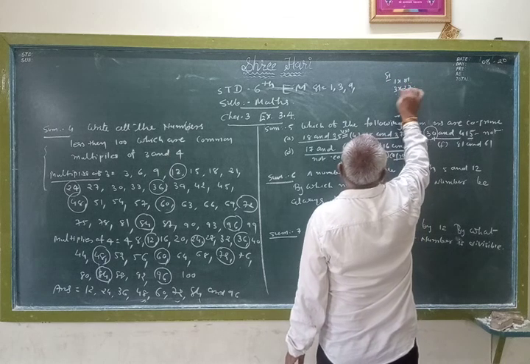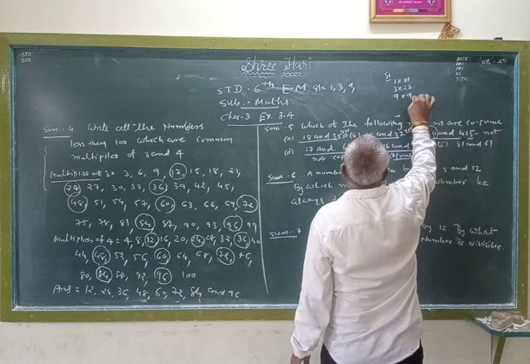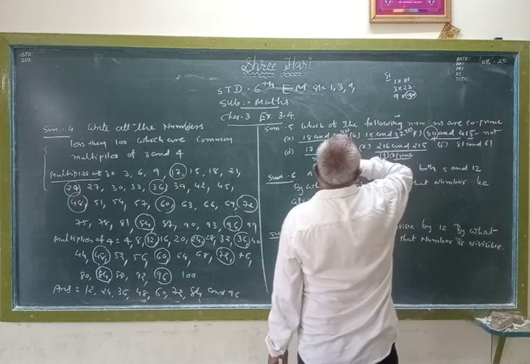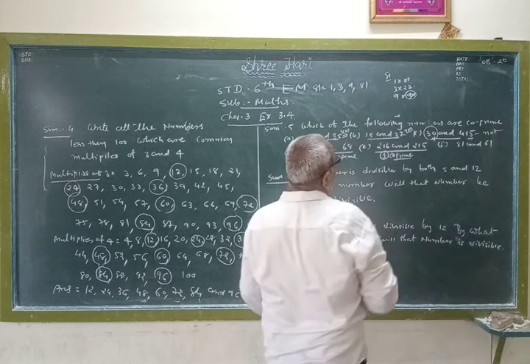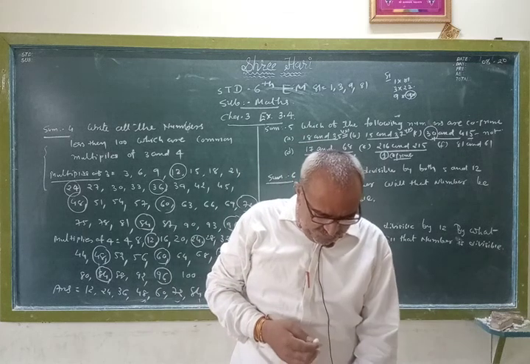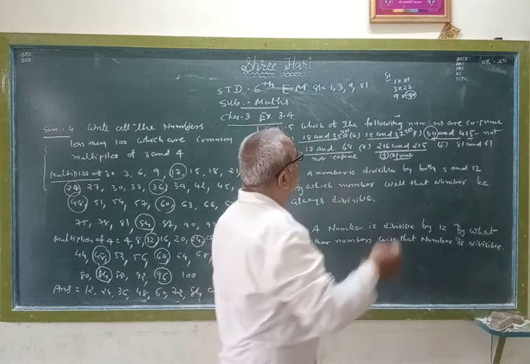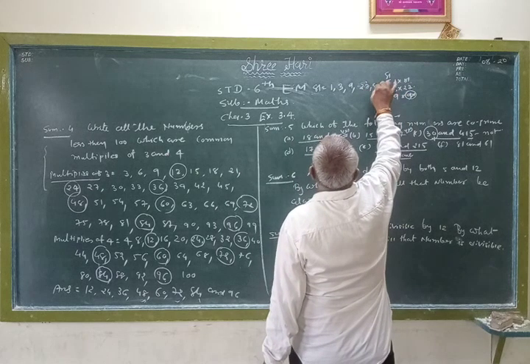It will not divide by 4, 5, 6, 7. 8, 9. 9 nines are 81. It is cut. So 1, 3, 9, 27 and 81. This is the factors of 81.